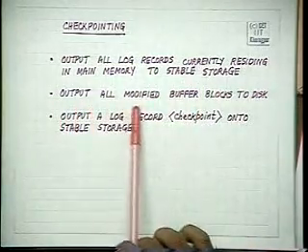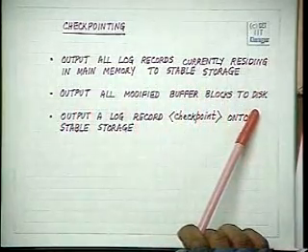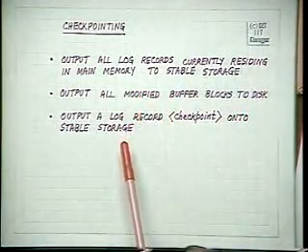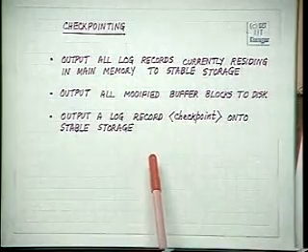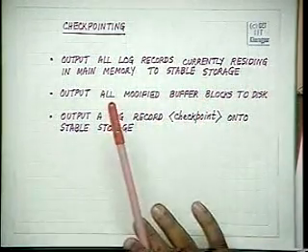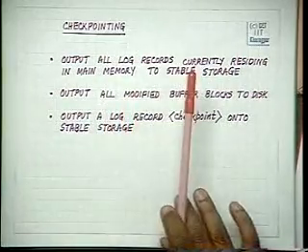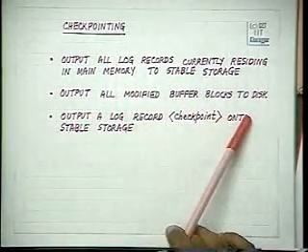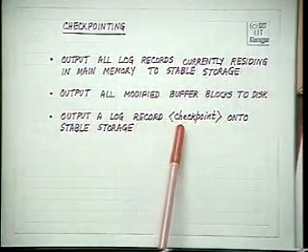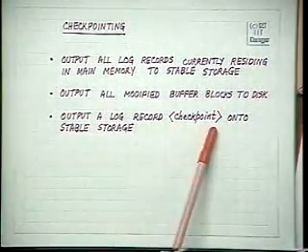Then all the modified buffer blocks, those modified in the database buffer, will be moved on to disk. So all the update operations are completed. All log records and all update operations are completed. And then you will write down a log record called checkpoint onto stable storage.